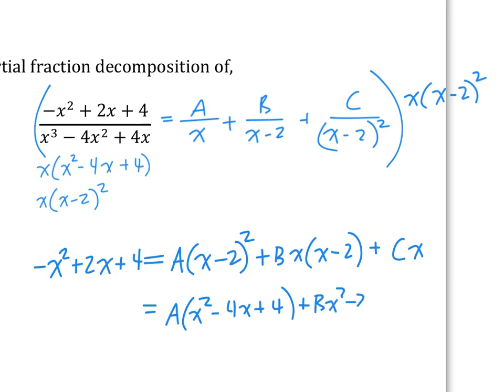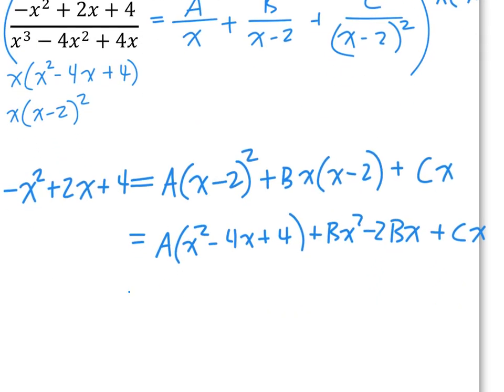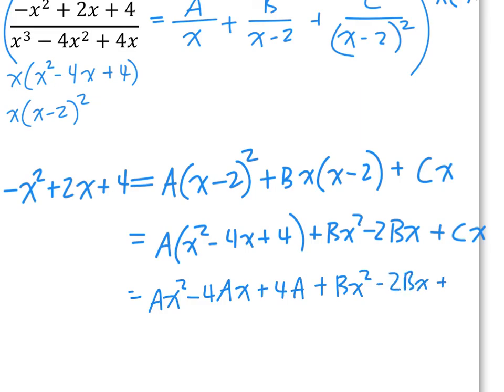Bx squared minus 2Bx. This is why I said you can't make mistakes, because if you do, you start solving your coefficients and they start becoming crazy decimals that you can't figure out. All right, Ax squared minus 4Ax plus 4A plus Bx squared minus 2Bx plus Cx.